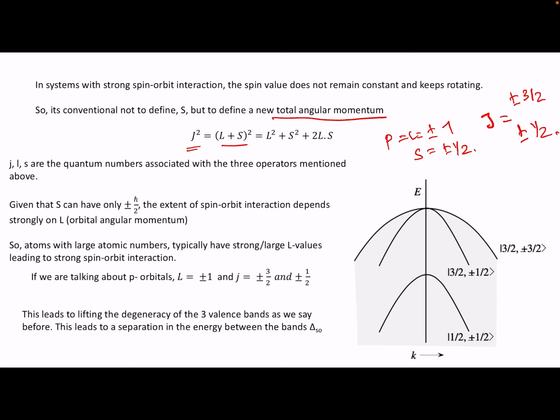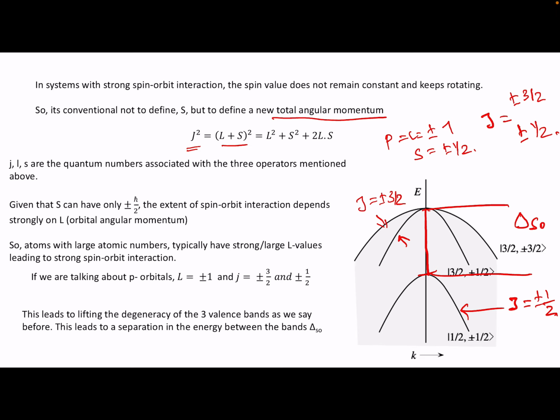So this leads to two different energy level bands in a semiconductor, which are separated by this energy. This energy is called delta S naught, which is called the spin orbit separation. So you have these two energy bands which have J equal to plus or minus 3/2, and you have this energy band with J equal to plus or minus 1/2.